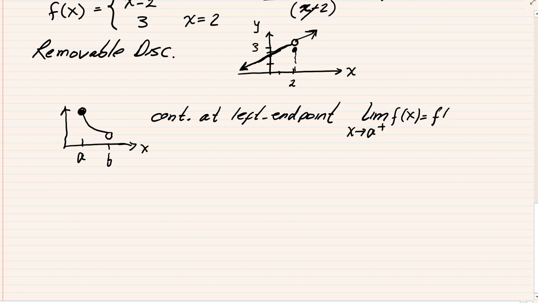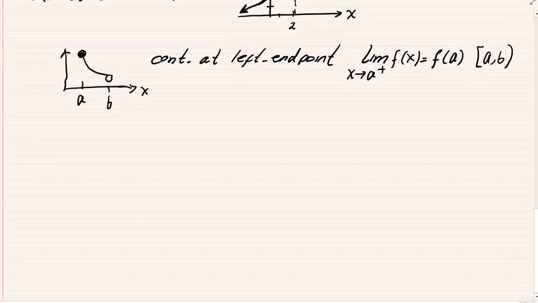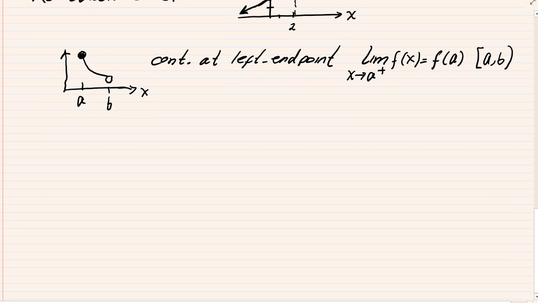It's going to be f at a. Okay, and this is for the closed interval from a to b. Now this would be continuous at the left endpoint.